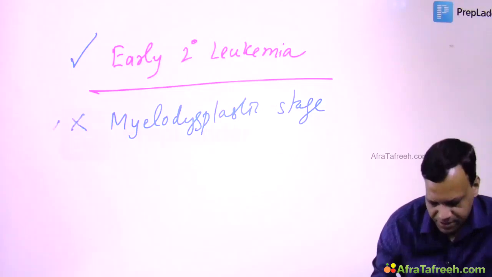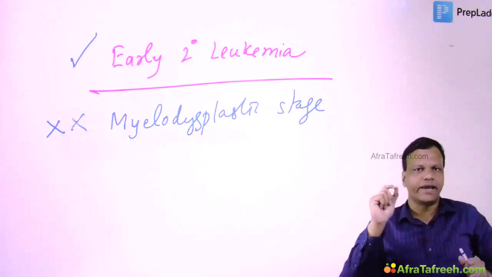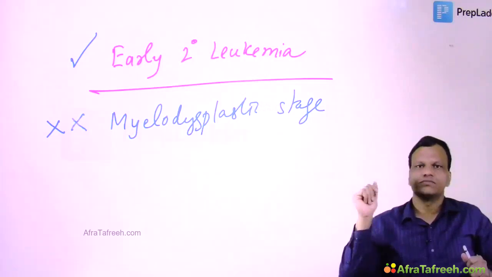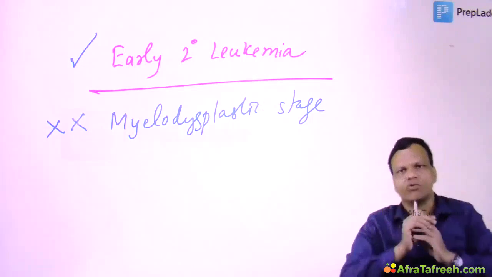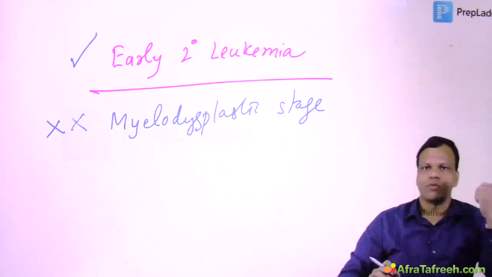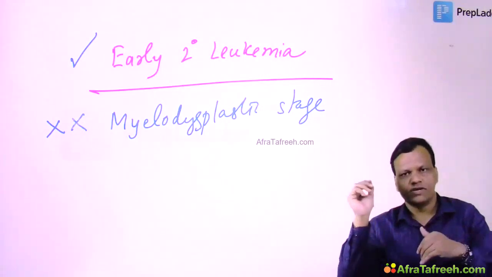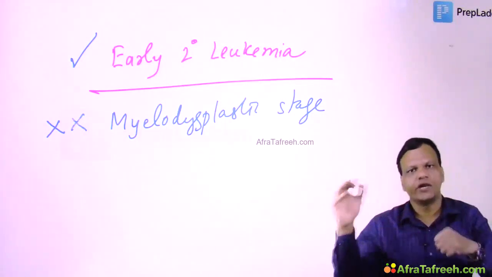What is the meaning? Suppose a person is started on alkylating agents, and if we keep on doing bone marrow biopsy before the person develops secondary leukemia, there will be changes in the bone marrow. So the myelodysplastic stage is noted. Whereas in case of etoposide, there will be no myelodysplastic stage preceding the leukemia, directly leukemia will occur.